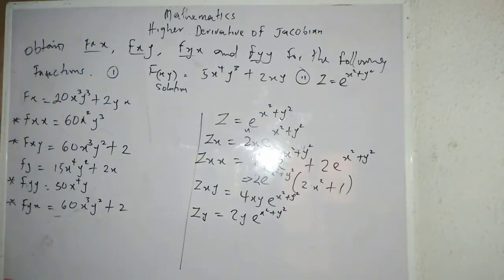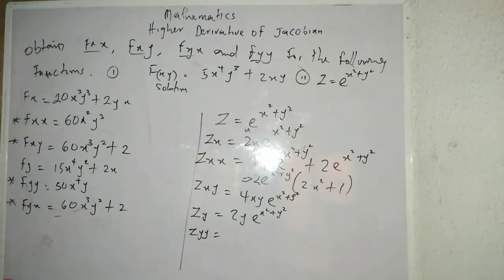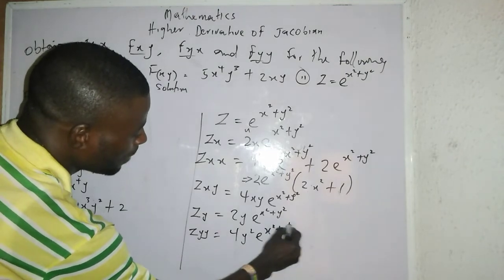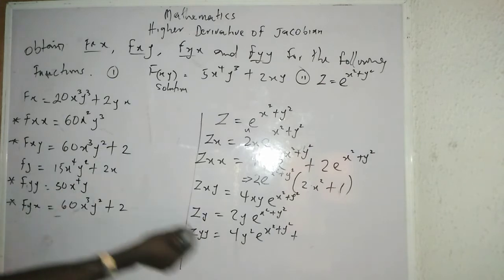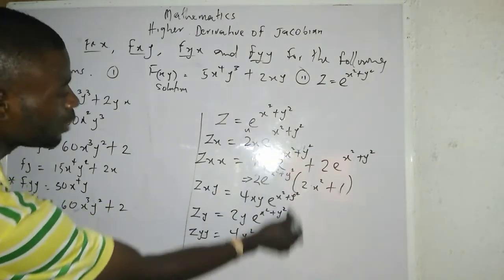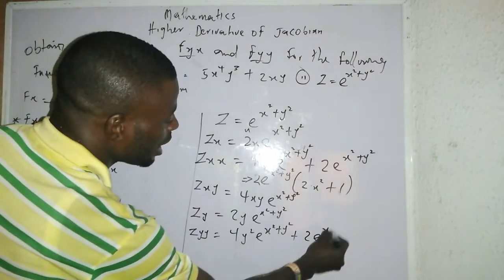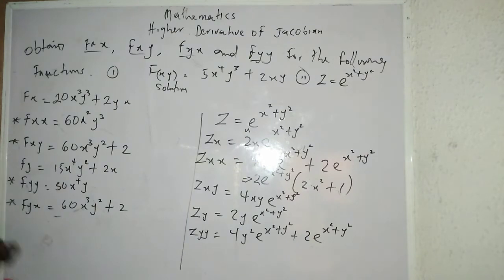Now, if I move to z of yy, which is product rule, the same way, it will be 4y squared e raised to x squared plus y squared, plus 2 e raised to x squared plus y squared. Now, I can do the same thing, I can factor out 2 and e raised to power x squared plus y squared.